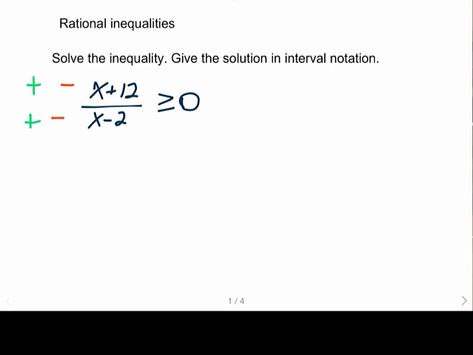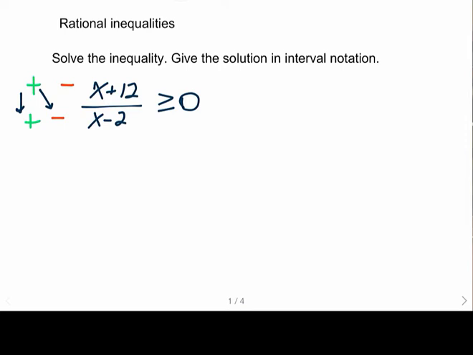We can't piece these apart. We have to see how these signs interact. As you know, positive divided by negative would be negative. Positive divided by positive would be positive. So it's not a matter of whether the numerator or the denominator itself is positive, but again, how they interact.